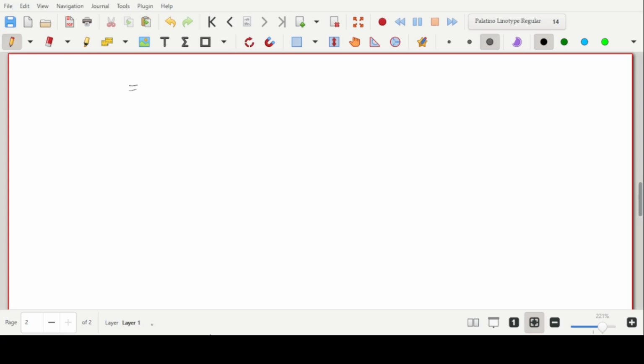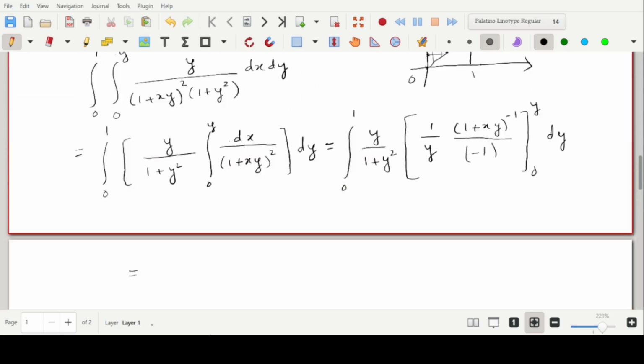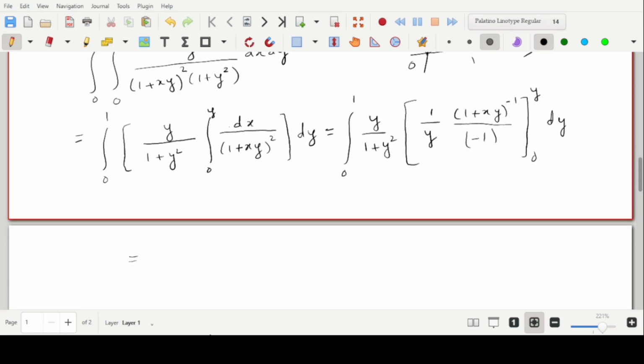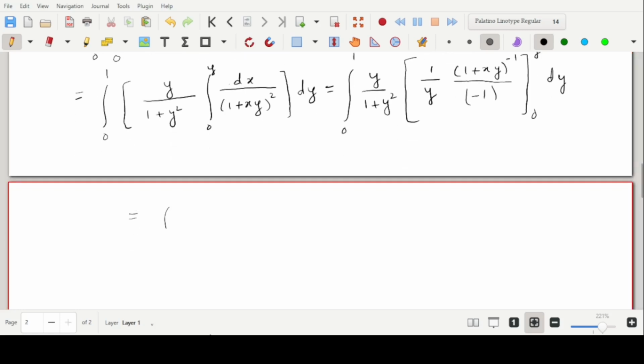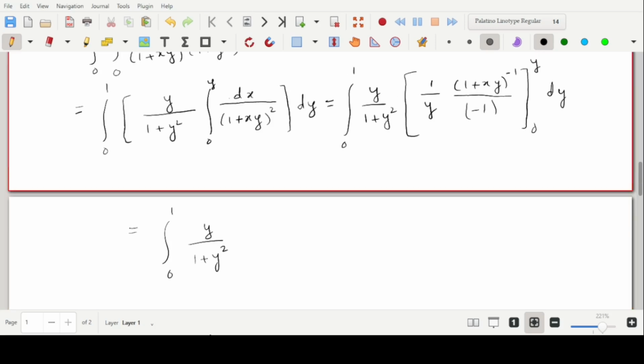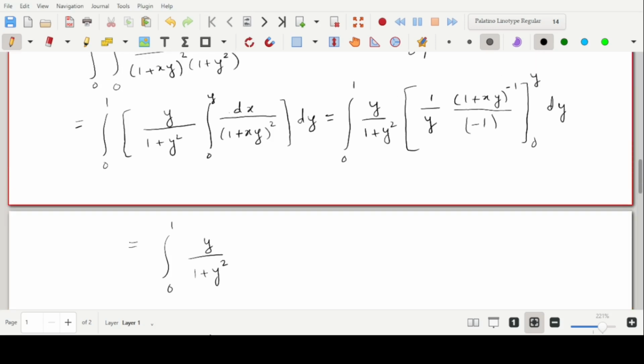Equal to, okay, this is continued here. Zero to 1, y, 1 over y square. This y gets cancelled here and here, so we don't have to write this y.